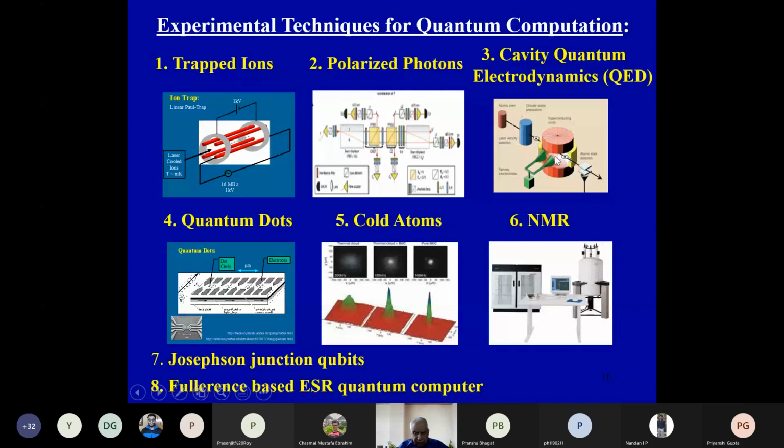Gravity quantum electrodynamics has not taken off too much. Quantum dots is also going on slowly. Cold atoms are very difficult, and NMR. But the maximum progress has been made by Josephson junction qubits. It's called a superconducting quantum computer. And in the last part of my talk, I will show you some use of this Josephson junction qubit system.